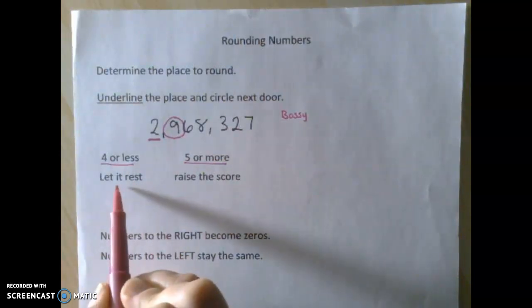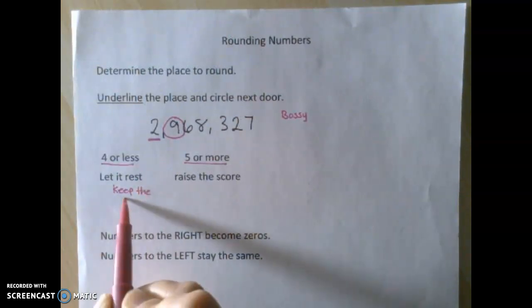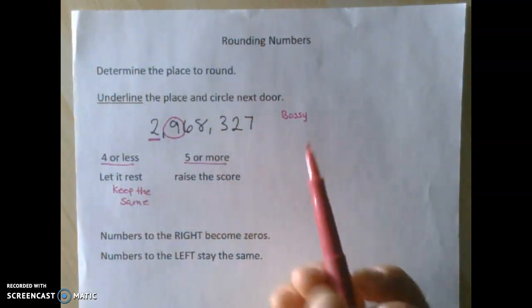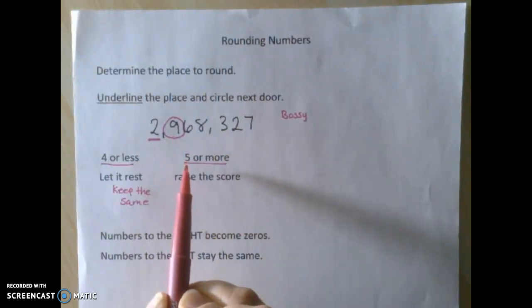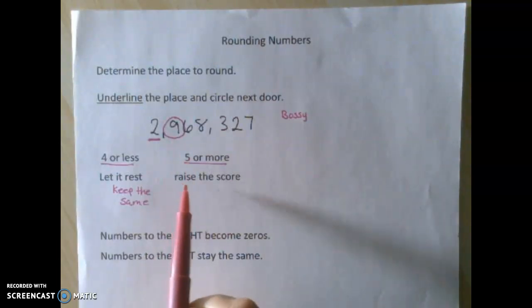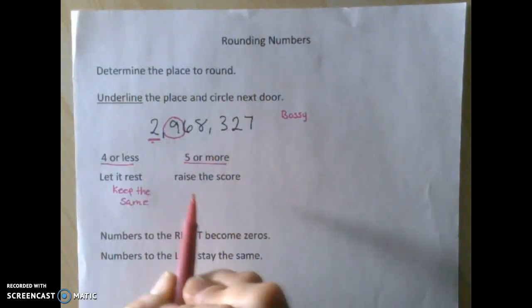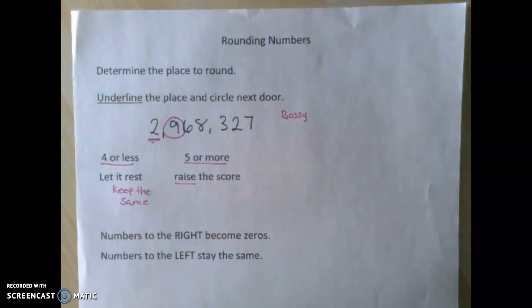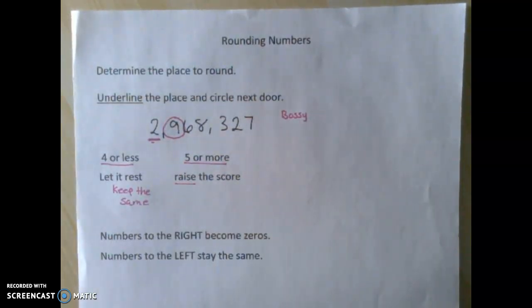We're going to keep it the same. If the digit, our bossy neighbor, is 5 or greater, so 5, 6, 7, 8, or 9, then we're going to raise the score. We're going to take this digit we're rounding and round it up to the next largest digit.